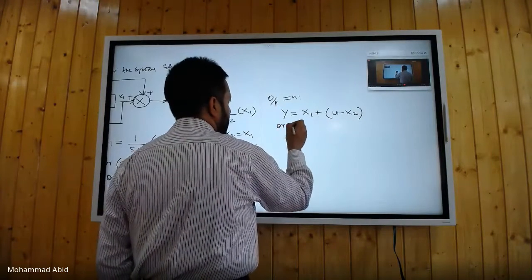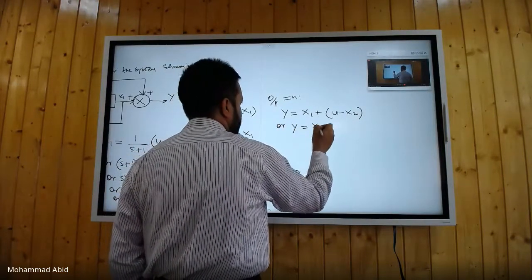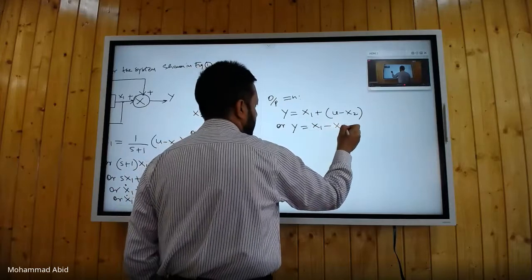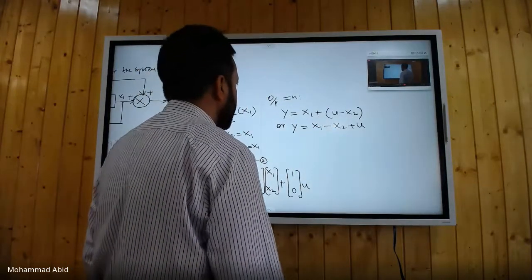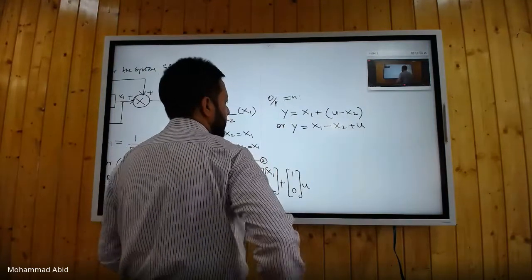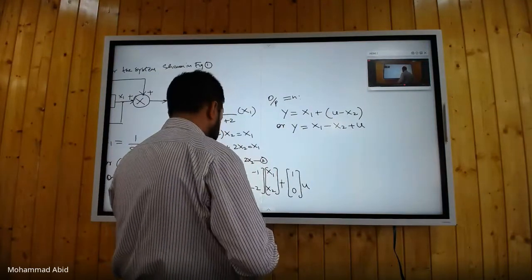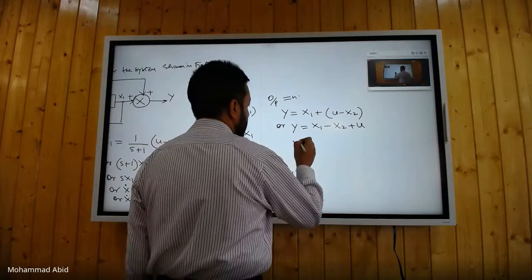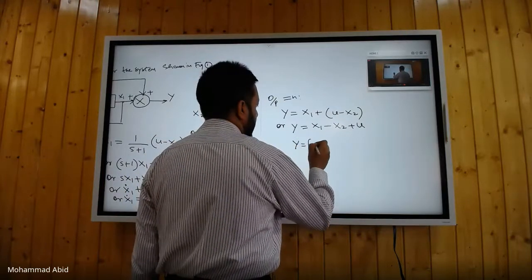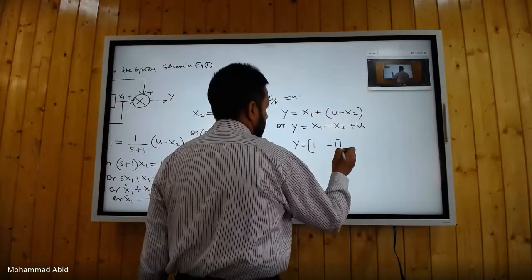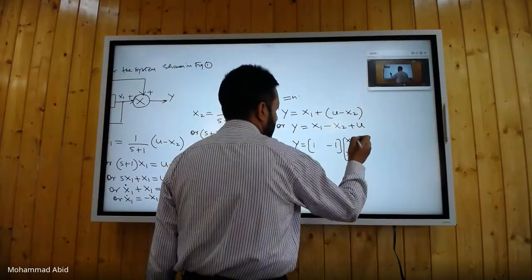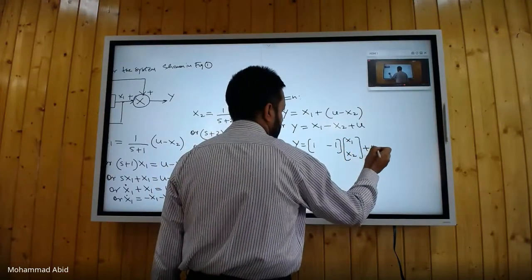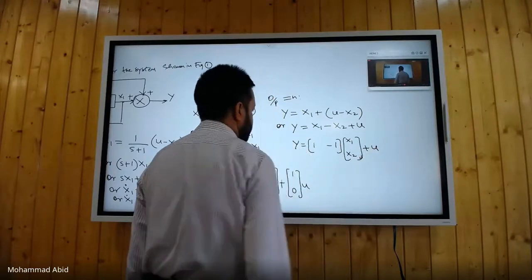Or I can write y is equal to x1 minus x2 plus u. So if I write this in matrix form, what will I get? y is equal to 1 minus 1 x1 x2 plus u. Is that okay?